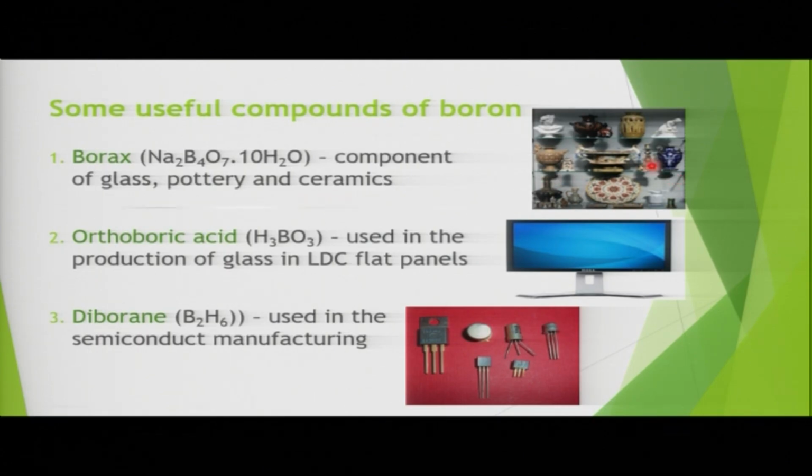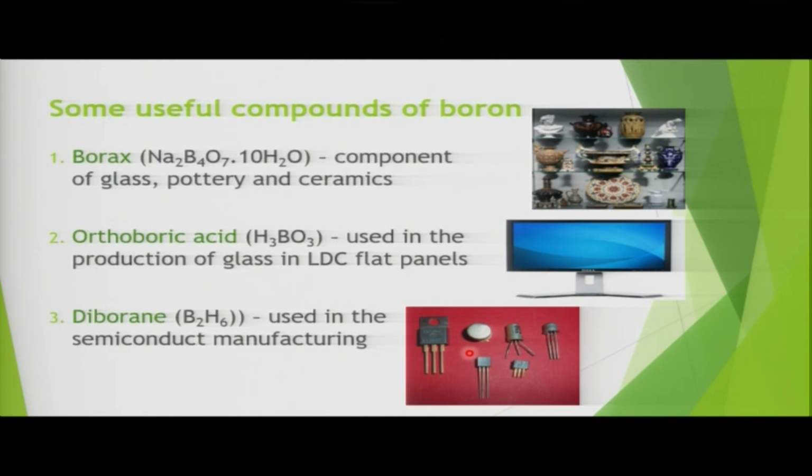You see some of the examples made from the borax. The orthoboric acid is used in making the LCD flat screens, as you see, the one you use. And the diborane, which we said has abnormal bonding, is also used as a semiconductor. It is used in manufacturing semiconductor components as you look at them.